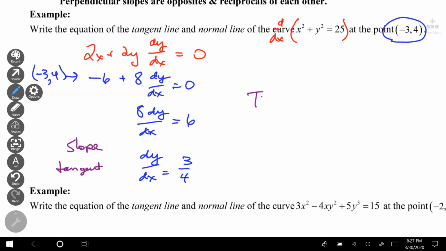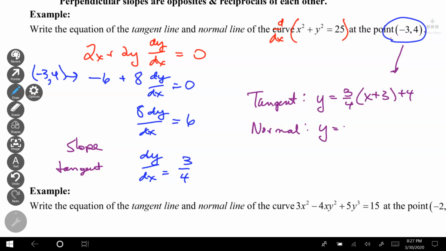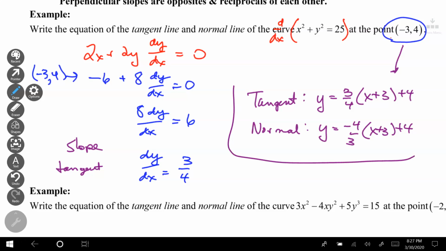So when I write my tangent line equation, y equals 3/4 times x plus 3, plus 4, using those x's and y's, and my normal line, y equals -4/3 times x plus 3, plus 4. And that is the equation of my tangent and normal line using implicit differentiation.